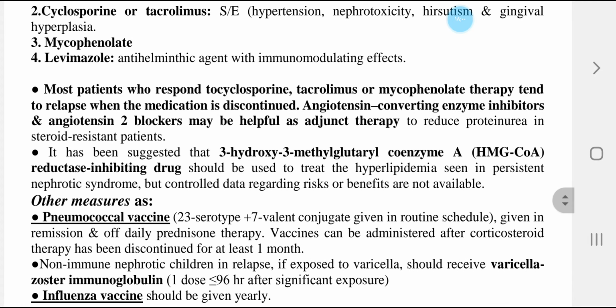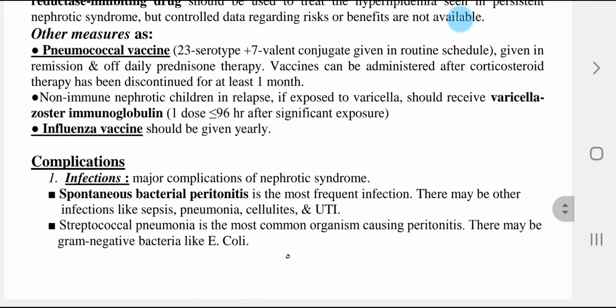Other measures include pneumococcal vaccine, 23 serotype plus 7-valent conjugate, given in the routine schedule, given in remission and off daily prednisone therapy. Vaccine can be administered after corticosteroid therapy has been discontinued for at least 1 month.